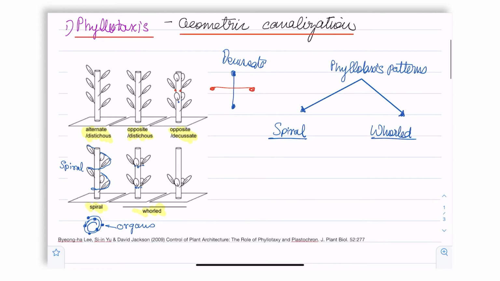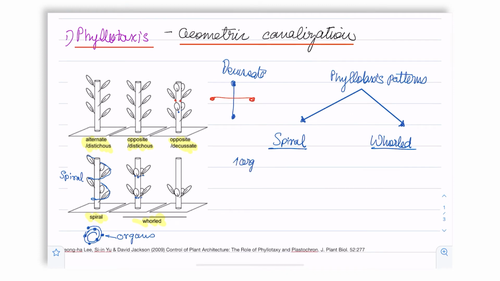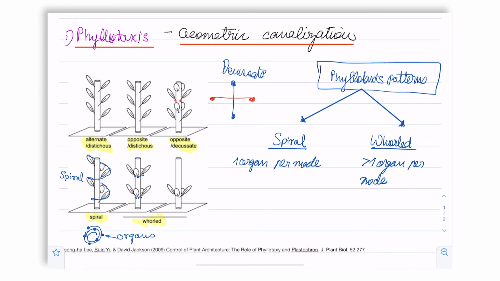Spirals are defined as one organ per node, and whorled are greater than one organ per node. The shoot apical meristem is the part where the structures are produced.